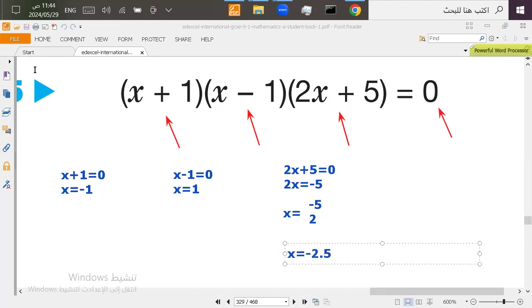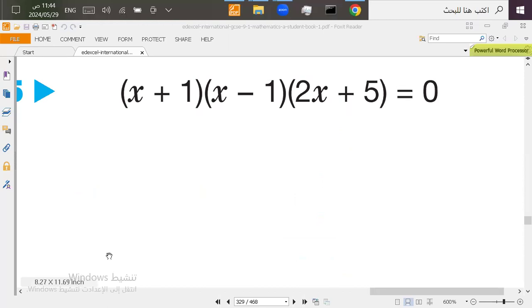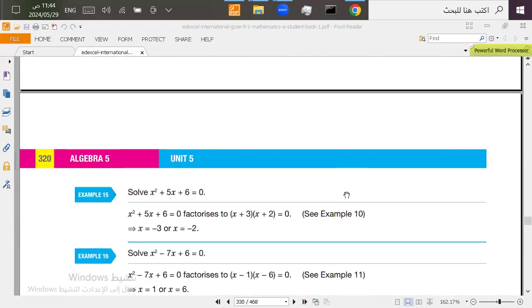And this is the idea of answering a question like this. Now we found the three values that solve the equation. So x equals negative 1, x equals 1, x equals negative 2.5. And that's the idea of factorizing and solving quadratic expressions with two elements or three elements, depending on the bracket.